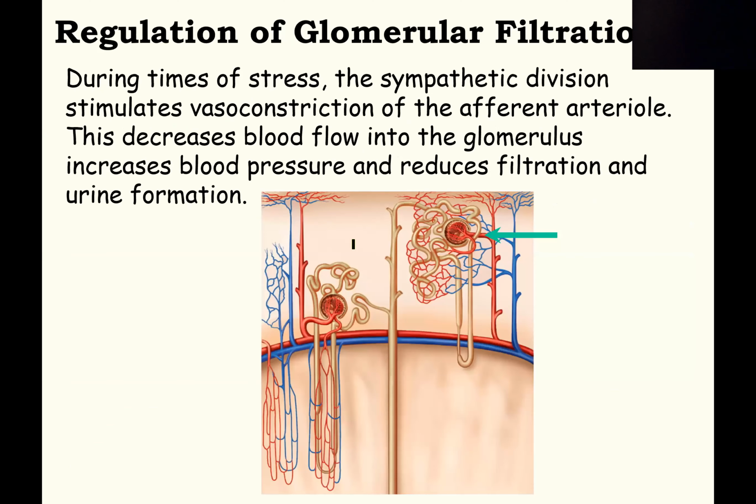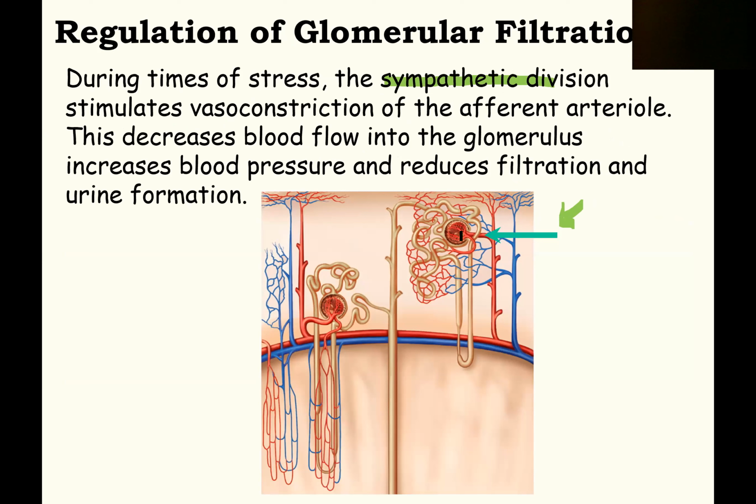All right. So ways that we regulate glomerular filtration. During times of stress, the sympathetic division is going to vasoconstrict the afferent arteriole. This is going to decrease the lumen, so we lower the volume, but we're going to increase the pressure.